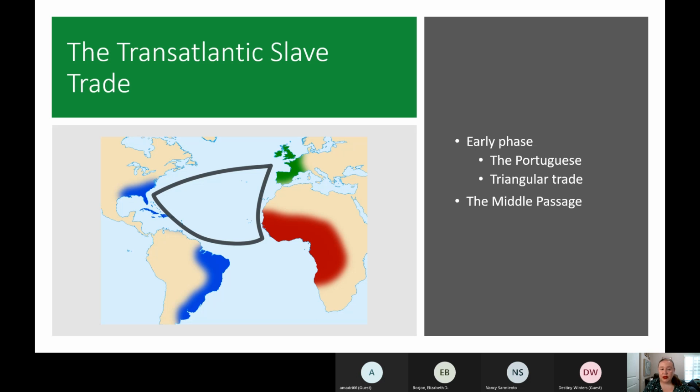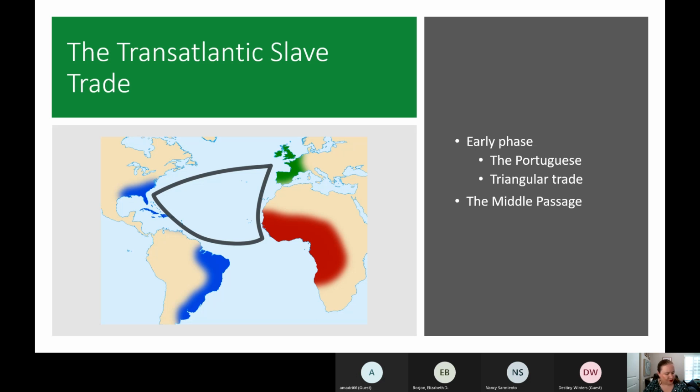Initially, they're shipped to places like Portugal because the Portuguese were early slave traders because of a lack of labor. Europe had experienced the Black Death, which was a pandemic of bubonic plague, which killed in some places over half of the population. So Europe had a severe labor shortage going on, and so slaves made sense for them.